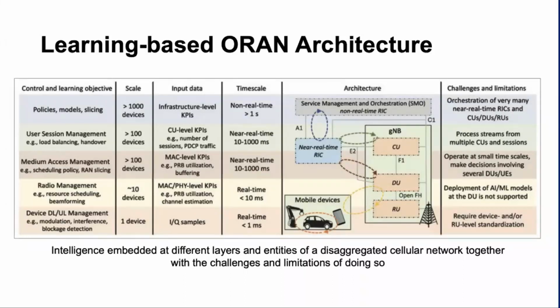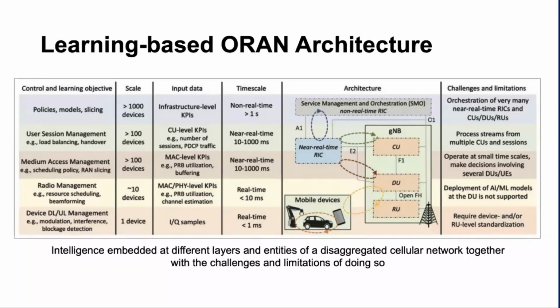And the control and learning objectives that you can implement here using AI or ML are policies, models, and slicing. At this particular layer, you have more than 1,000 devices. So the major challenge here would be the orchestration of very many RICs, and the other components of your RAN, which are your CUs, DUs, and RUs.